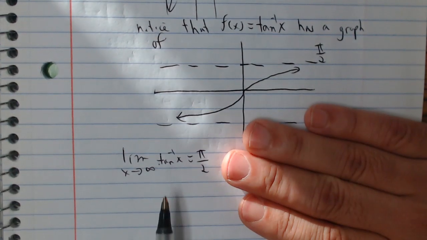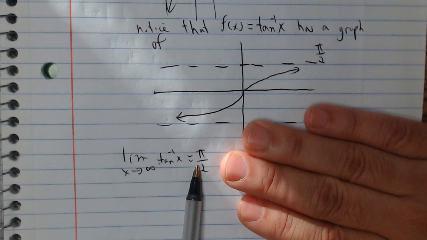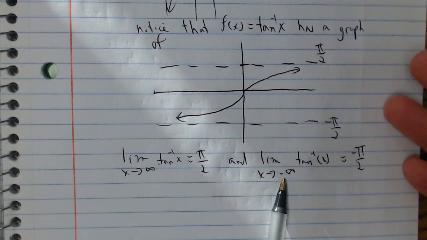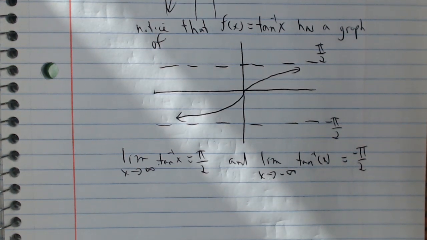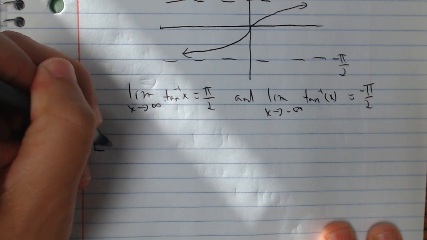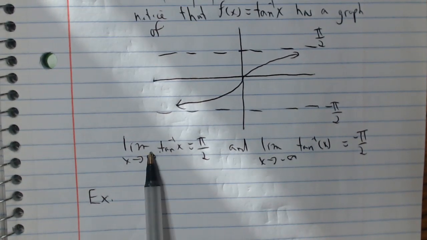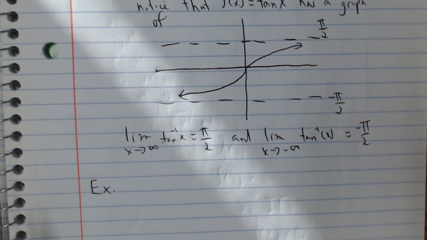Now, if I only checked this one and said, as x goes to infinity, this has a horizontal asymptote at pi over 2, therefore that's the only horizontal asymptote, I would be incorrect, because as x goes to negative infinity, you get a different horizontal asymptote. So you need to make sure that you check both sides, meaning infinity and negative infinity. You have to check both limits for all functions.